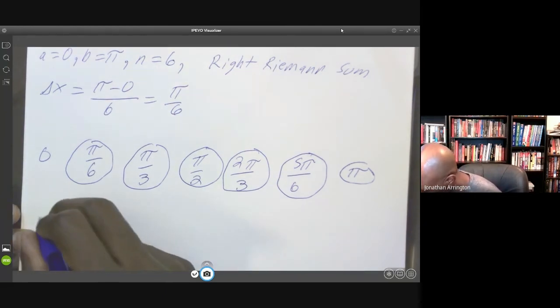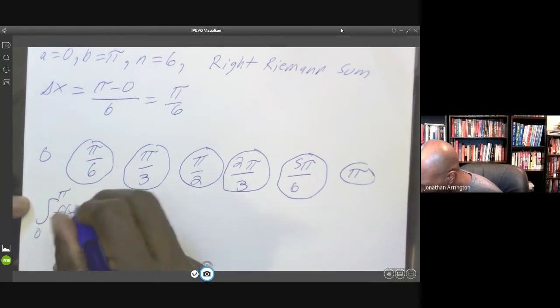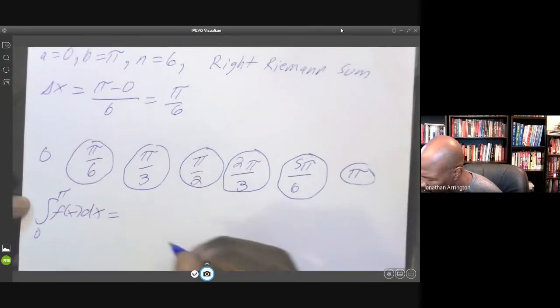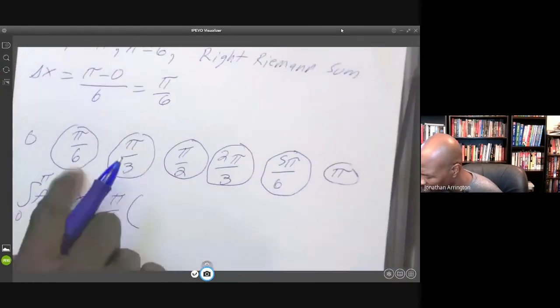So this one, we're approximating the integral from 0 to pi of f of x dx, and that's going to be pi over 6 times f of x evaluated at these values.